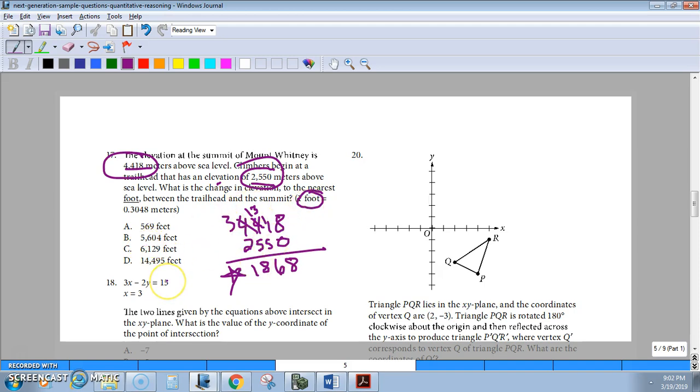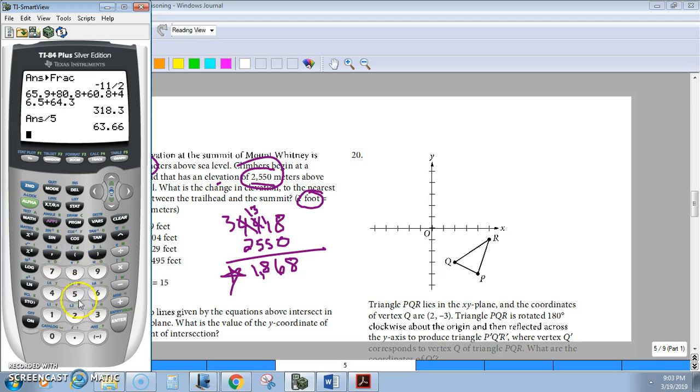Oh, I'm going to have to use the calculator. No, I'm not going to use a calculator. I'm going to look at 1,800. That's close to 2,000. There's approximately 3 feet in a meter, because a meter is like a yard. So if I just multiply 2 times 3, I would get 6 something, right? So I think it's going to be this one, but let's double check with the calculator.